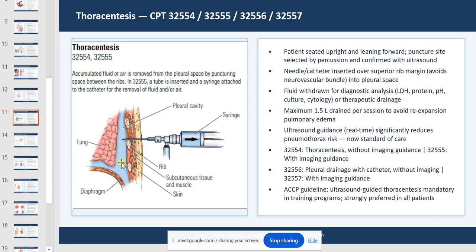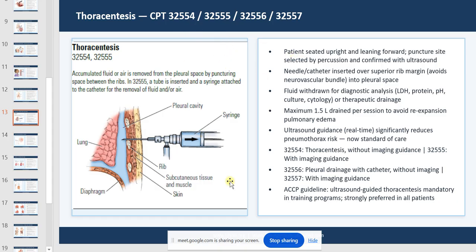Because the fluid has accumulated, it causes pressure on the lung, and the lung is not able to breathe in. The patient gets breathlessness. So with the help of a needle, the surgeon will take out the accumulated fluid. That is called thoracocentesis, or thoracentesis, which refers to aspiration from the thorax, the chest.